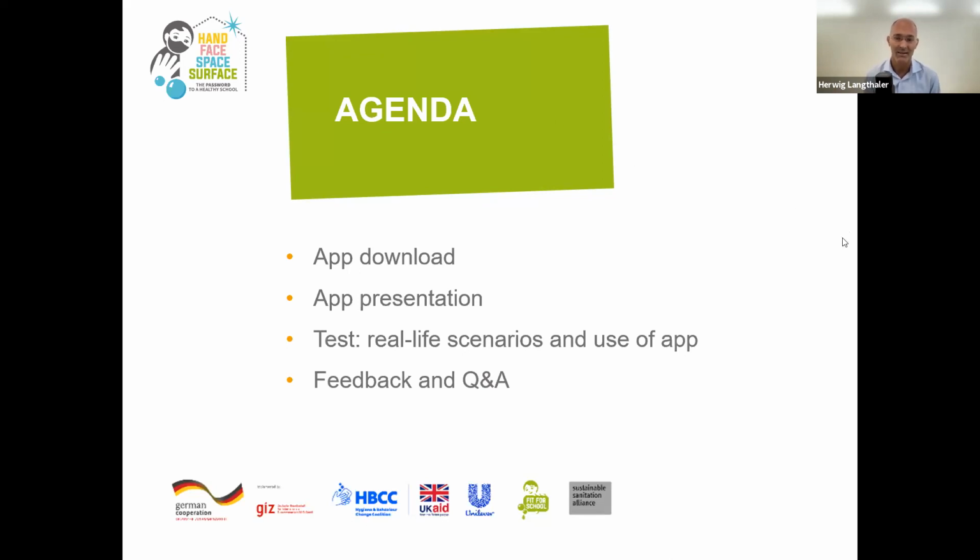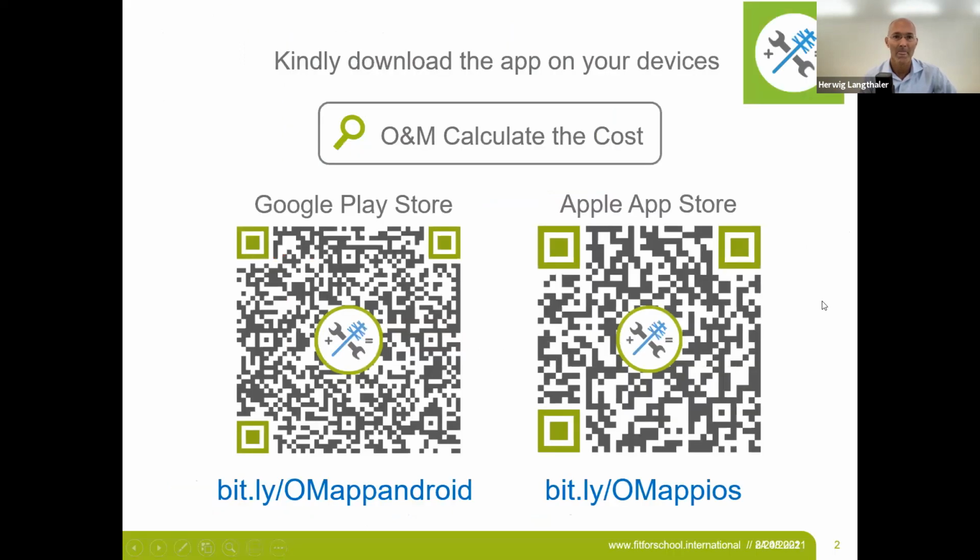Let's just start. I'm asking Alex for the next slide, which is already the instructions for the download of the app. Thank you very much. So please just take your mobile phone.